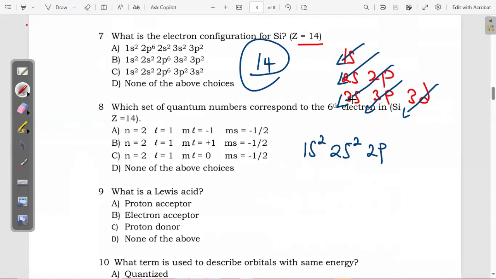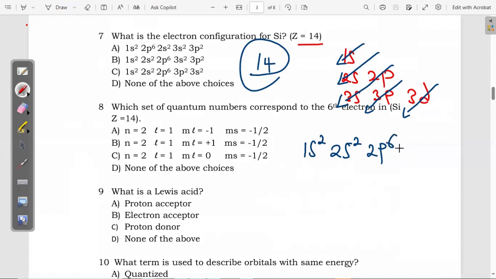So that's where I'm starting. From the 2s, I go to 2p. And we know that in the p, there are 3 orbitals. Each of those orbitals can hold 2 electrons. So since there are 3, it will be able to hold 6. So here I'm going to put 6.